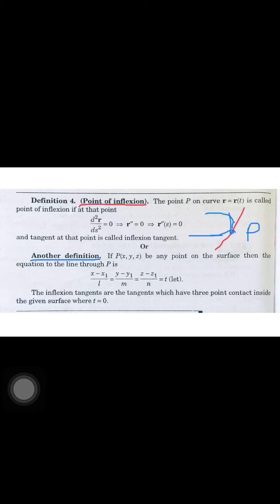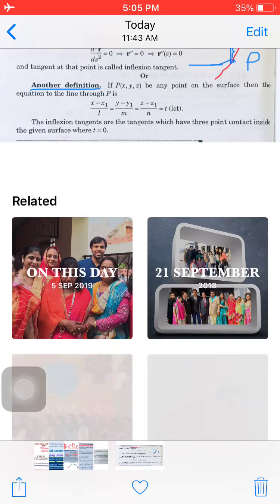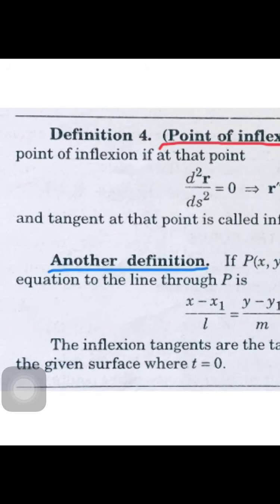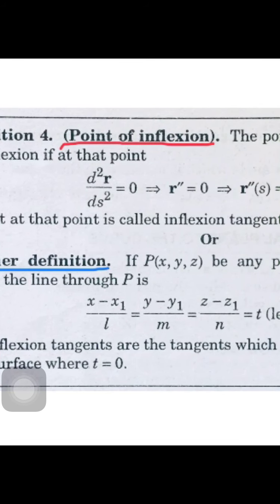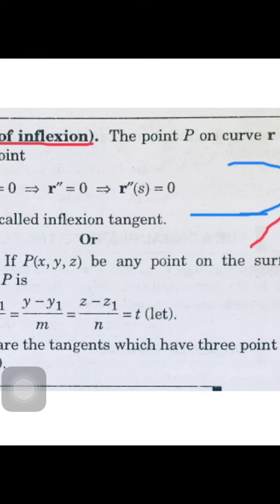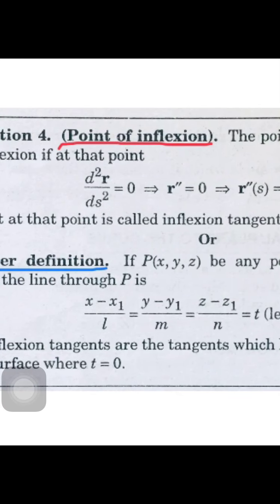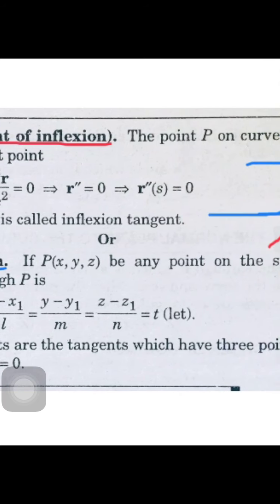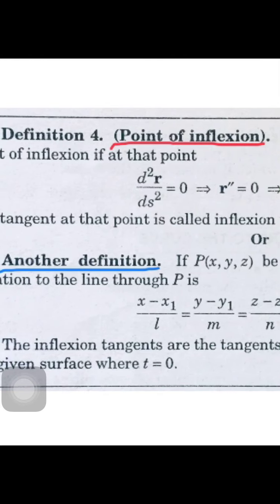The second differentiation of r at the point P with respect to arc length becomes 0. This implies r double dash at s equals 0, and the tangent at that point is called the inflectional tangent. So the condition is that if the second differentiation becomes 0 at that point, then the tangent at that point is called the inflectional tangent. This is in vector form.